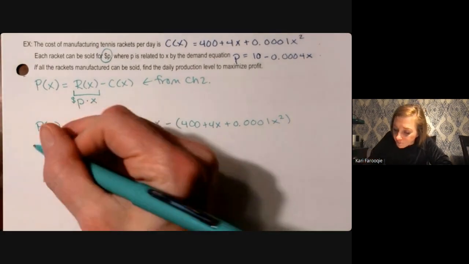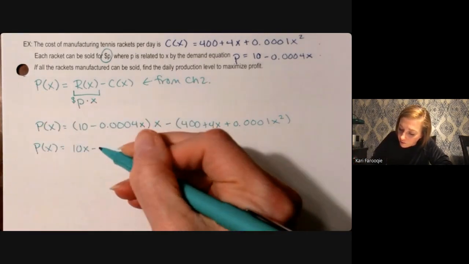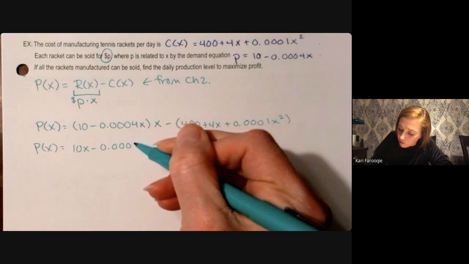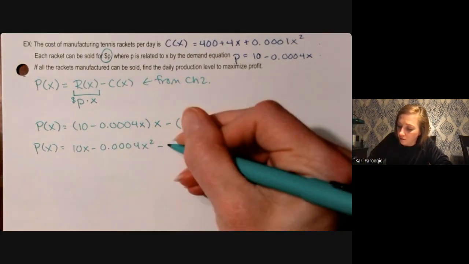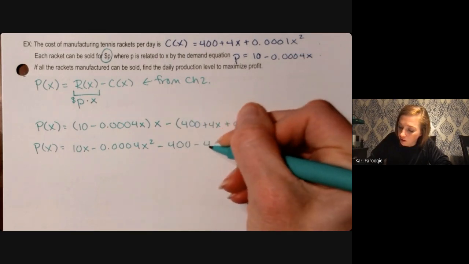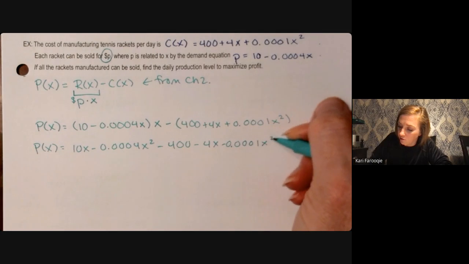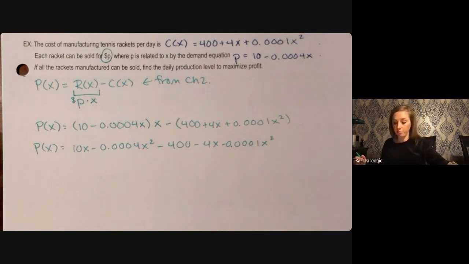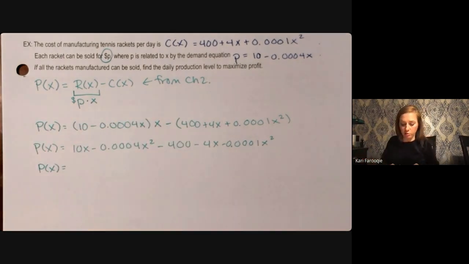Okay. P of X is, so this is going to be 10x minus 0.0004x squared. I'm just multiplying in at this point. Minus 400 minus 4x minus 0.0001x squared. And then I'll simplify whatever else needs to be simplified. I like to write my functions in descending order.